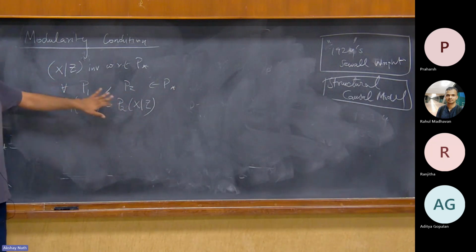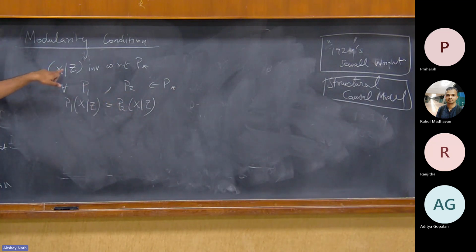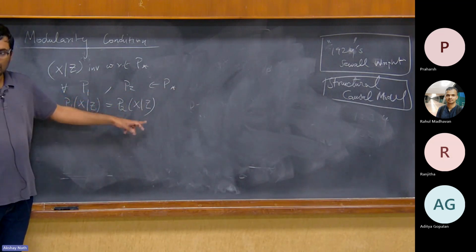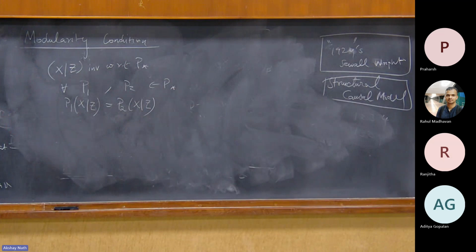If they actually hold, then I call X given Z invariant with respect to P star. With respect to one distribution from the family, I take the conditional distribution. With respect to the other, I take the conditional distribution. I ask when these two conditional distributions will be the same. Okay, if they are, then you call X given Z invariant with respect to P star.